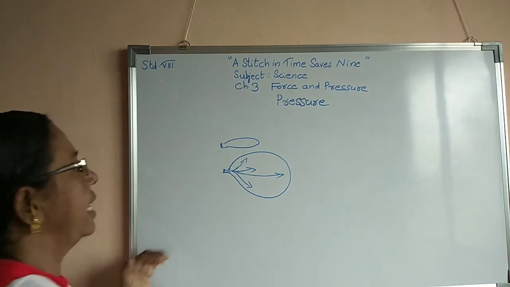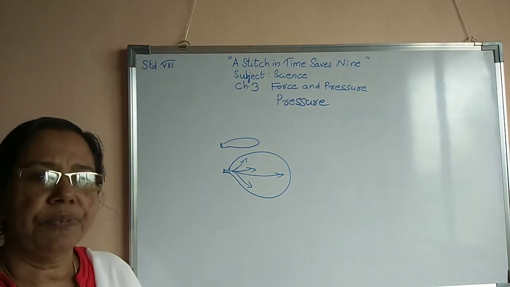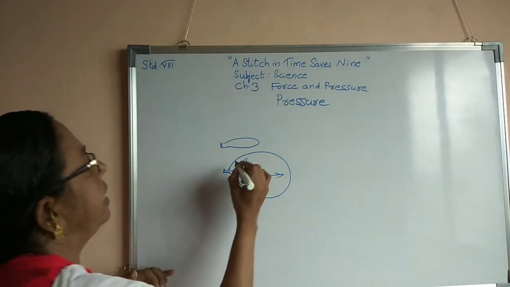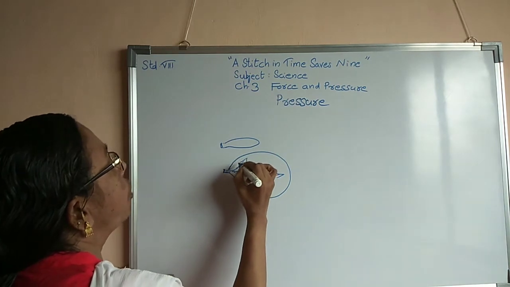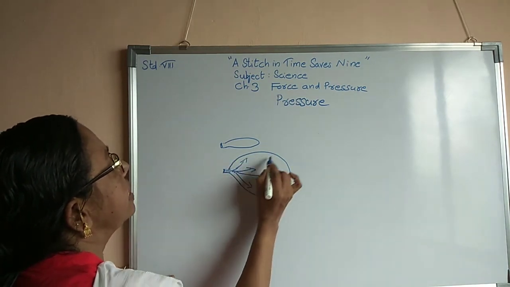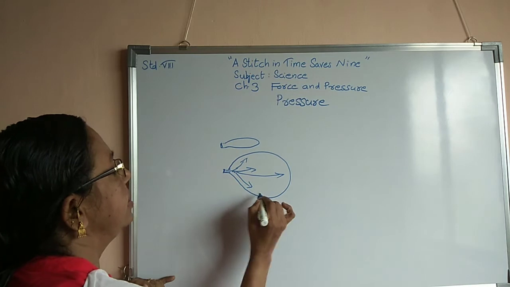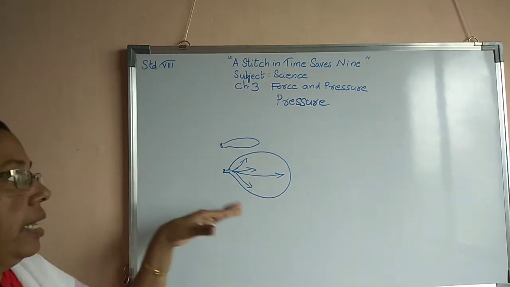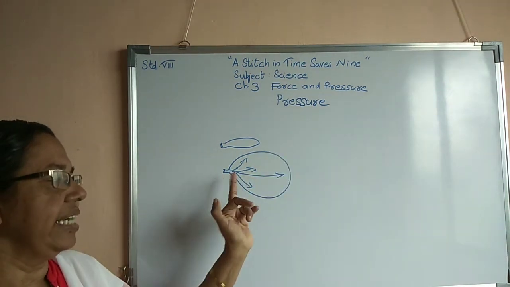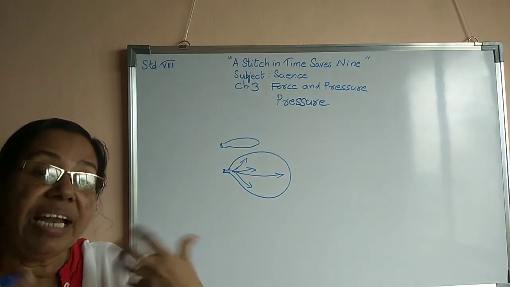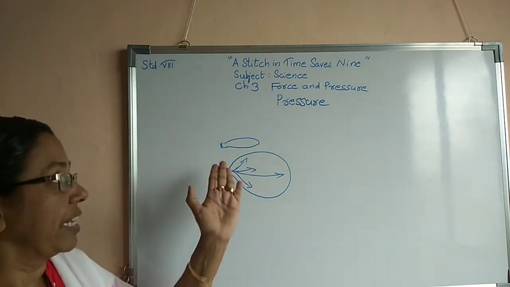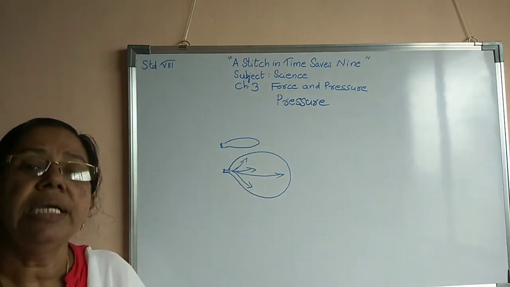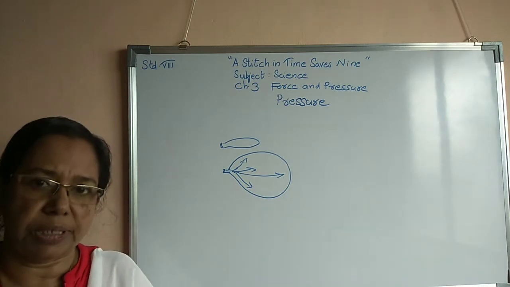Then we have to tie this part. Here the air is hitting this surface, this surface, this surface. But no hole is there, so even after exerting pressure on the walls of the balloon, the air is unable to come out.